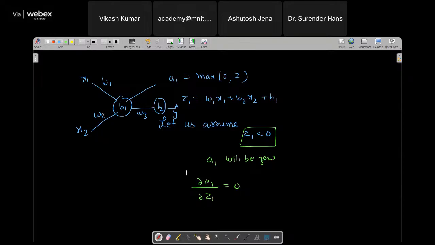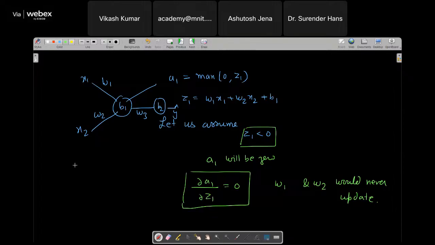Derivative of A1, that we will use this equality in the next gradient. So thereafter this W1 and W2 would never update, because this dou A1 by dou Z1 is equal to 0.